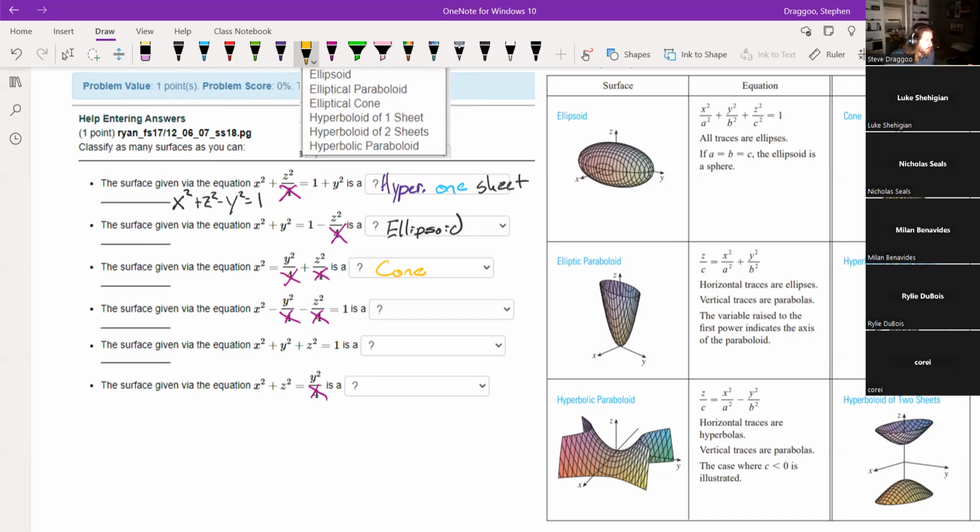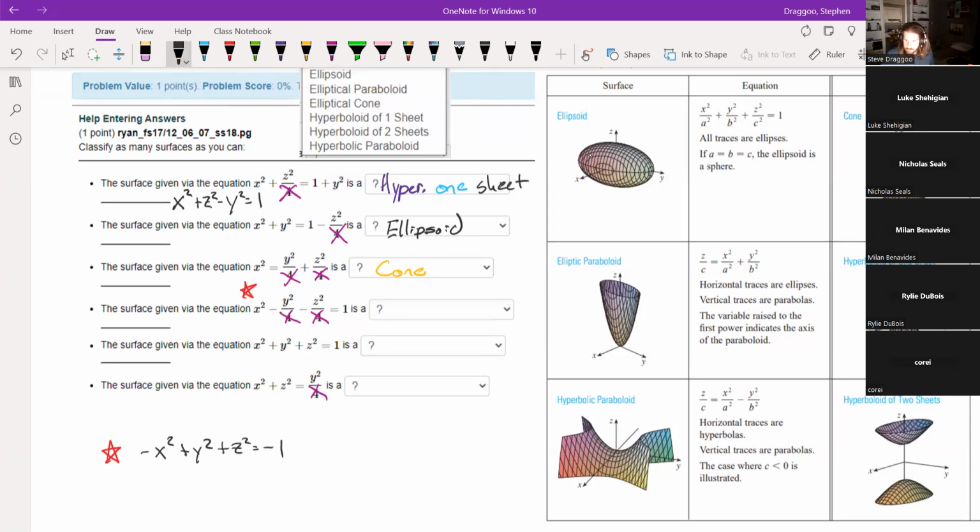Down 1 more, x squared minus y squared minus z squared equals 1. I want to just star this thing right here and rewrite it down below, because I'll reorganize that into negative x squared plus y squared plus z squared equals -1.